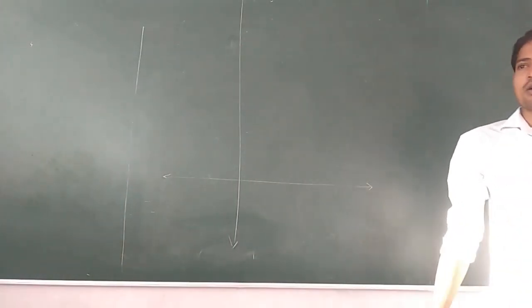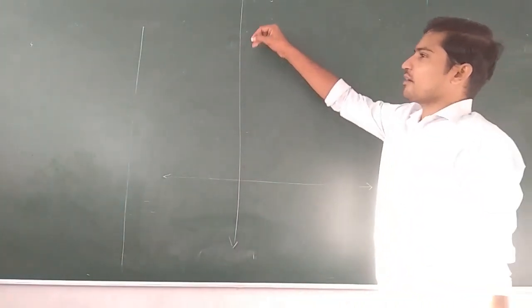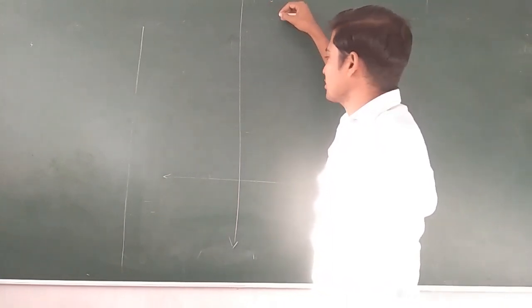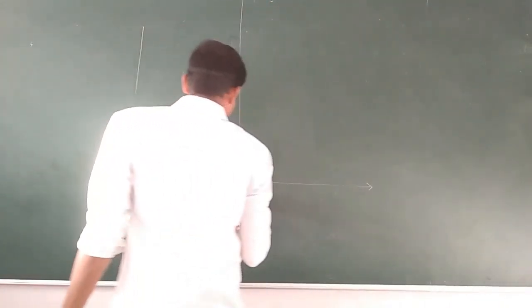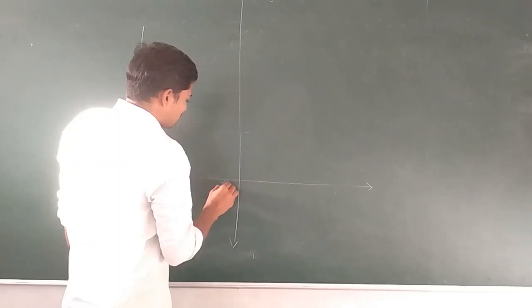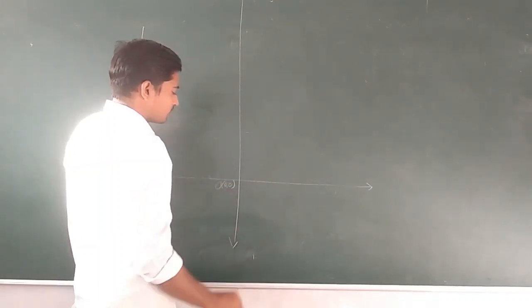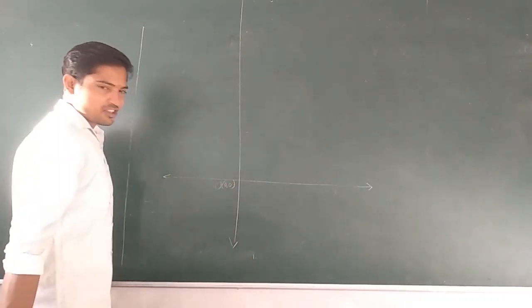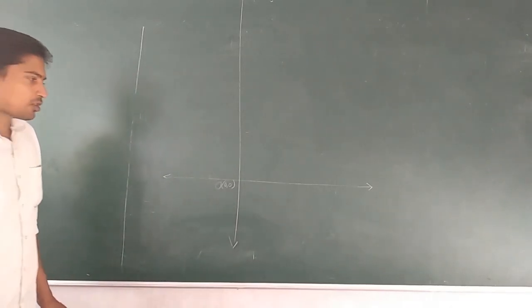The intersection of the horizontal line and vertical line is the origin, which is (0, 0). Origin is represented by (0, 0).